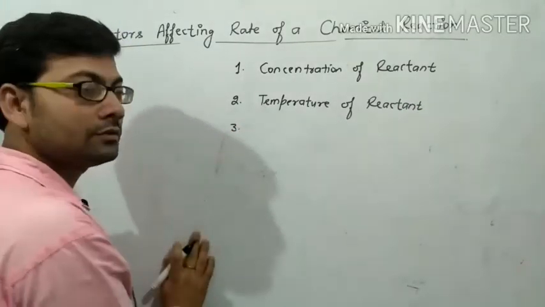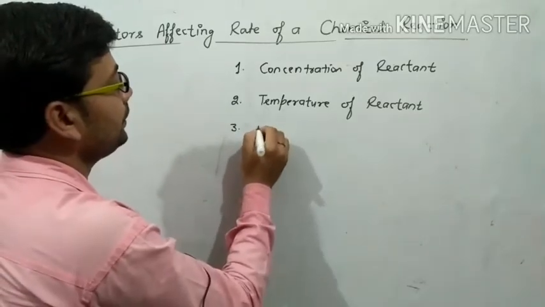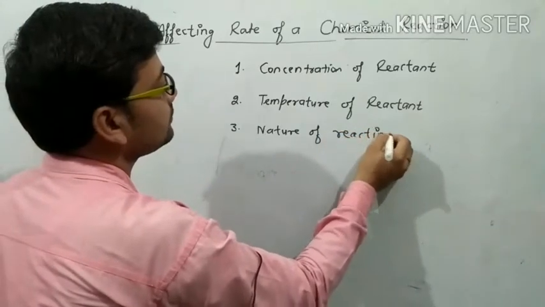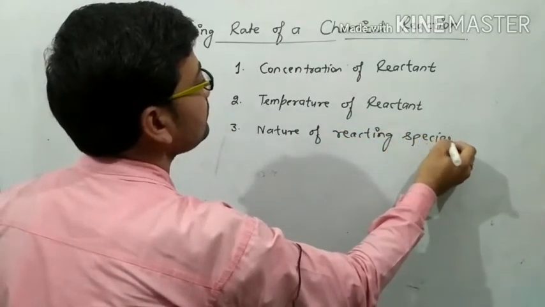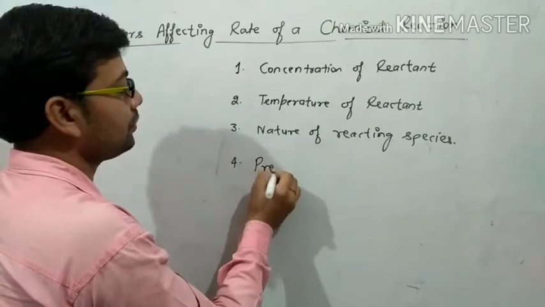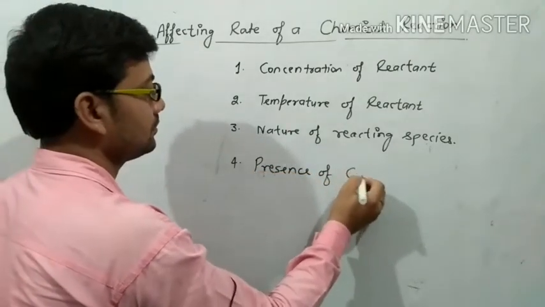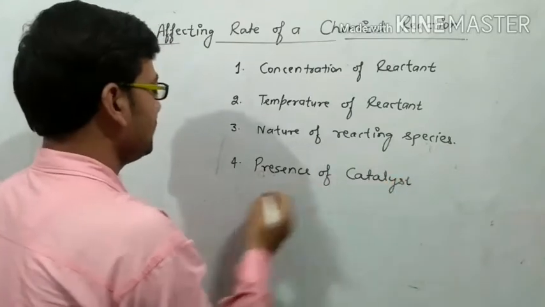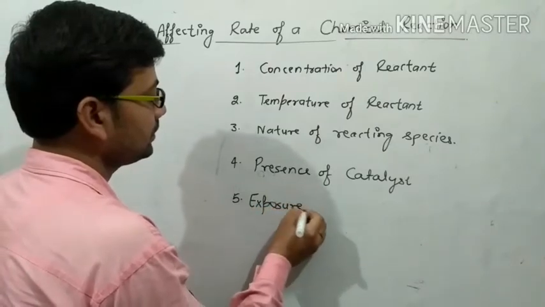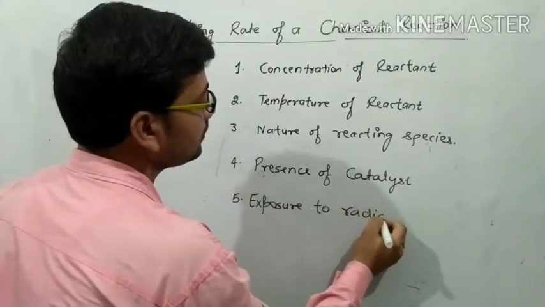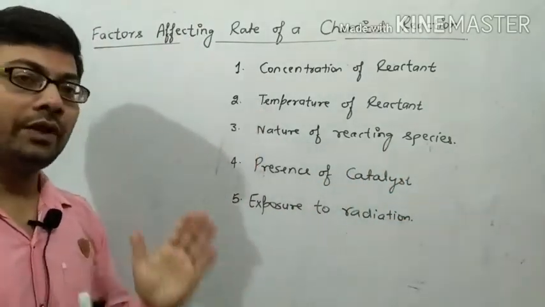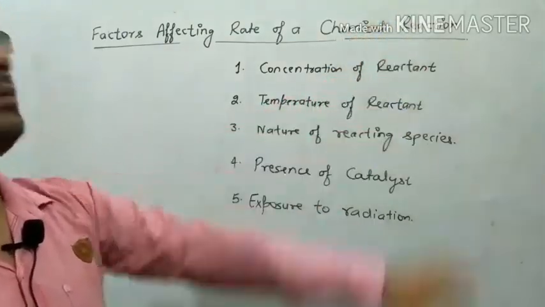The third factor is the nature of reactant species. The fourth factor is the presence of catalyst. And the fifth factor is exposure to radiation. These are the five factors which determine the rate of chemical reaction.